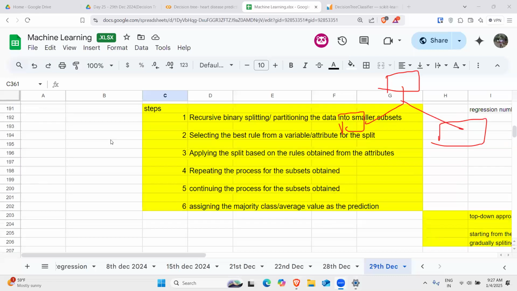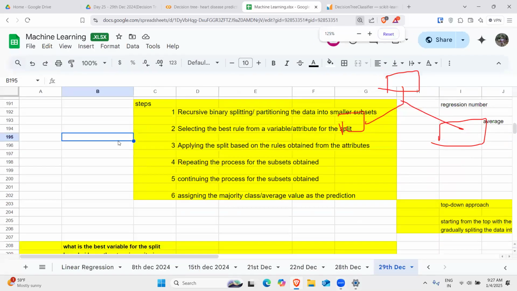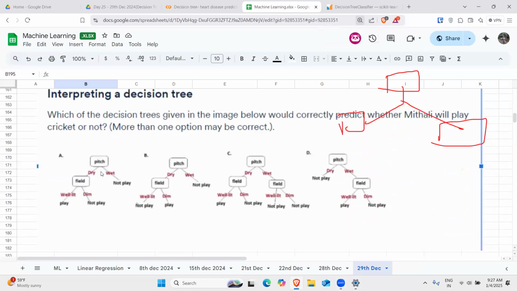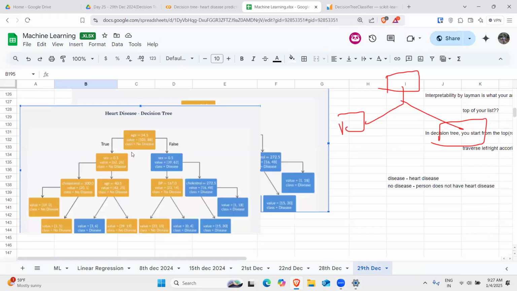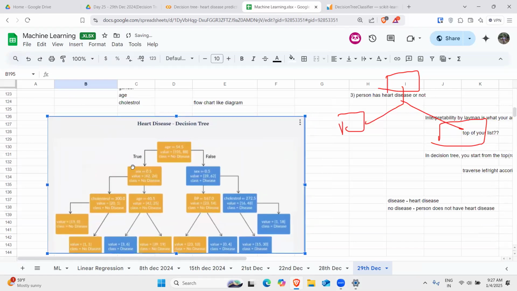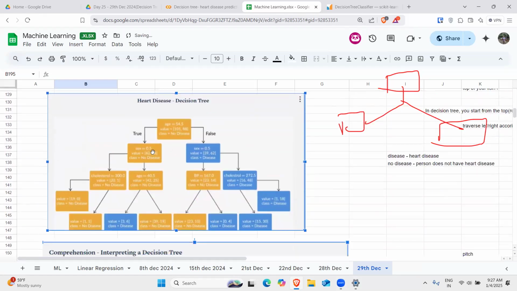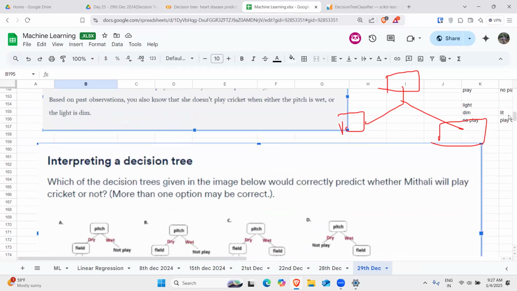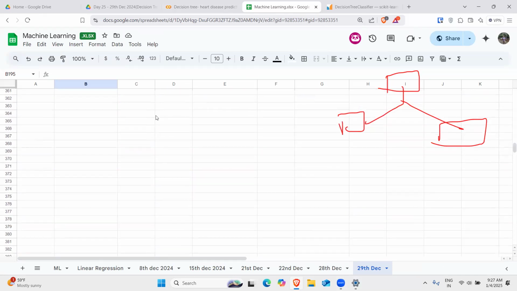There is no fancy thing that we are doing, and anyone can understand how we approached this problem. So it's interpretable. Second, it is versatile.